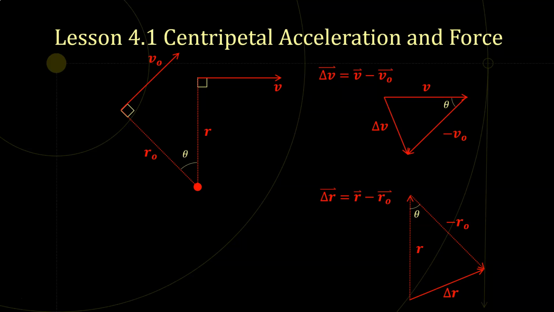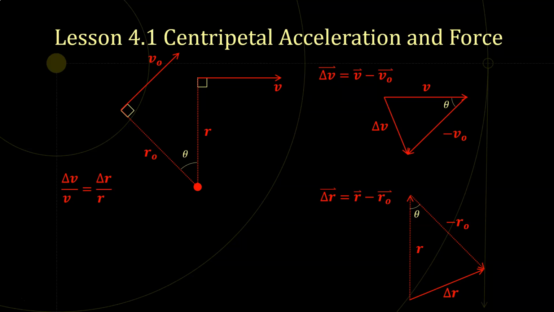How are sides of a similar triangle related? If I set up a ratio of sides on one triangle, I can make the same statement about the ratio of sides on the other triangle because they're similar. So the ratio of delta V to V on triangle 1 is equal to the ratio of delta R to R on triangle 2. And these are real values, real magnitudes of real vectors that I'm working with here.